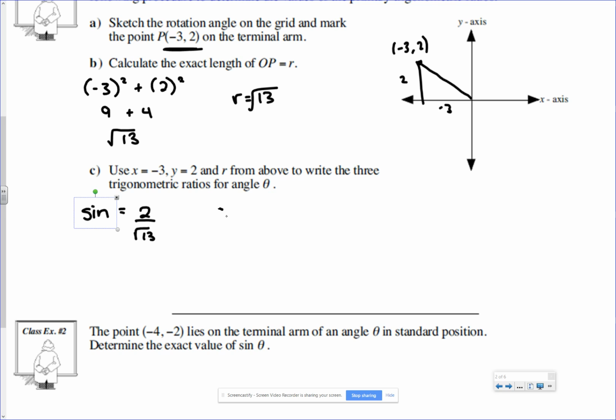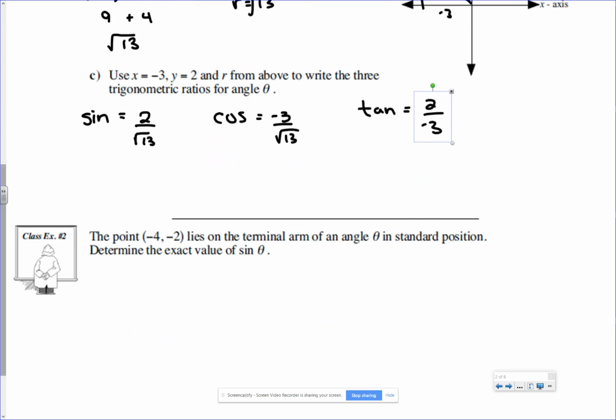For cosine, it is adjacent over hypotenuse. So x over r, -3 over root 13. So that gives us our cosine. And then lastly, we have our tangent, which is opposite over adjacent, which is 2 over -3. So there's our trig ratios for that.